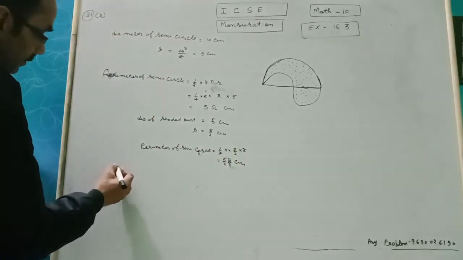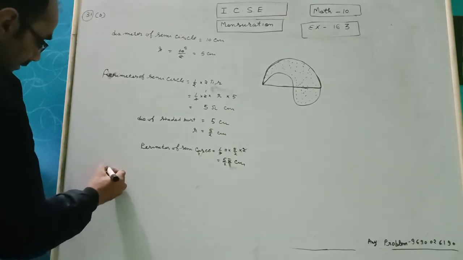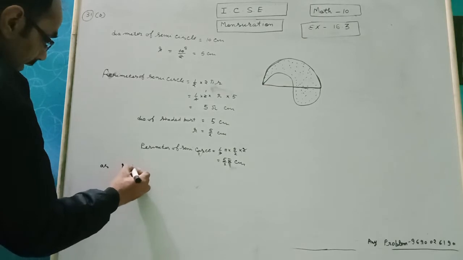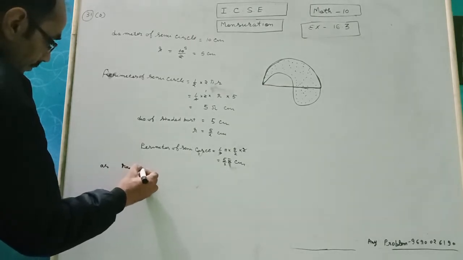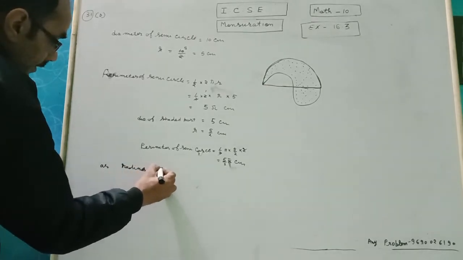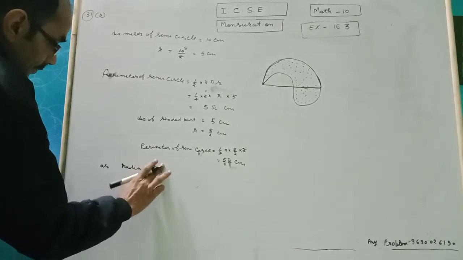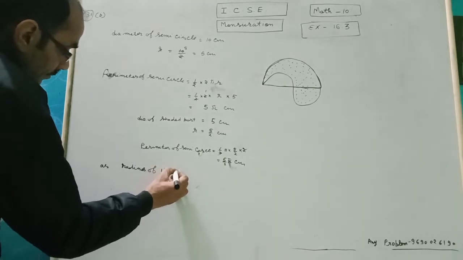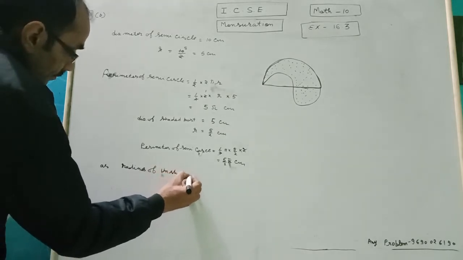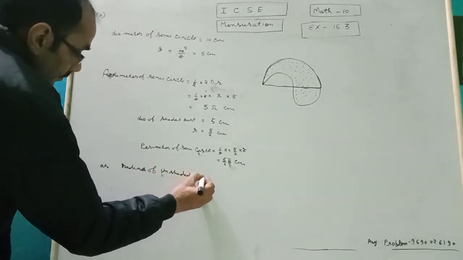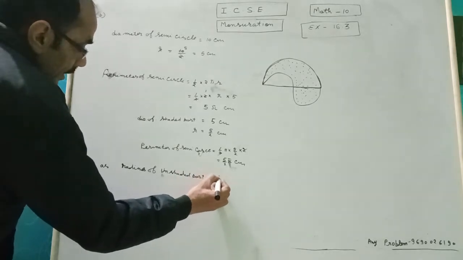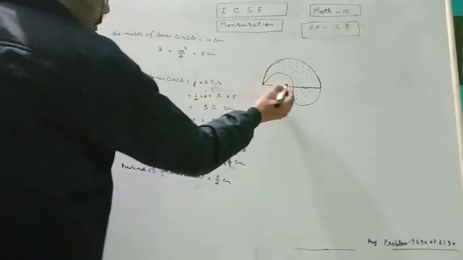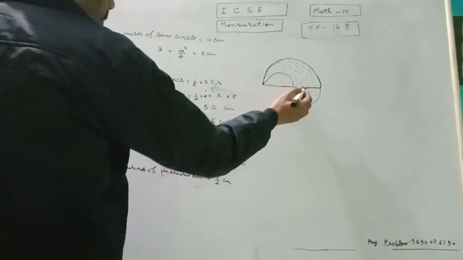First the added part, as the radius of the unshaded part will be equal to 5 cm, 5 upon 2 cm. Both diameters are equal, 5 and 5.